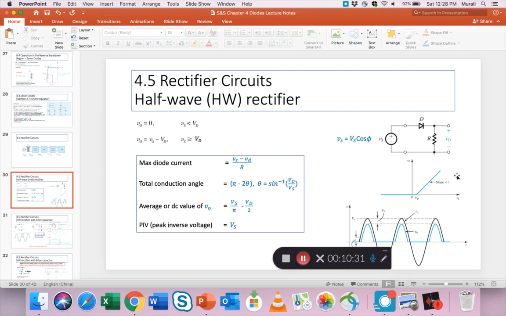But that's true for most of the positive region and 0 for the negative region, because the diode, we know, only conducts in the positive cycle, because in the negative cycle of the AC waveform the diode is reverse biased, and so it doesn't turn on. In the forward direction it turns on.